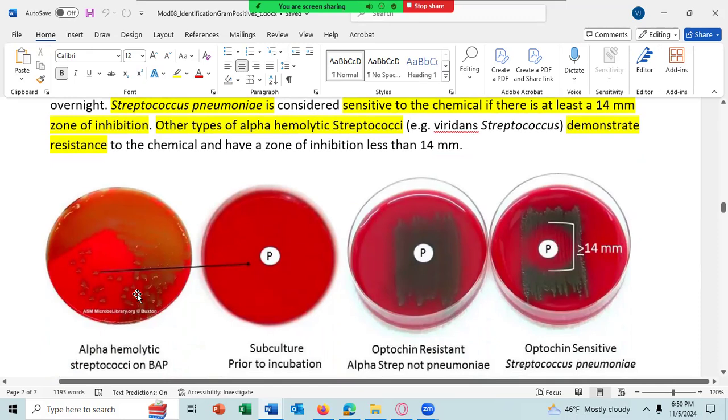So here we have alpha hemolytic streptococci, and we plate it on a blood agar and then put a disc containing optochin.